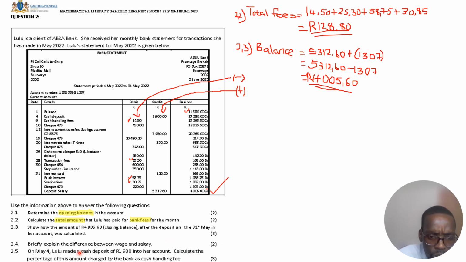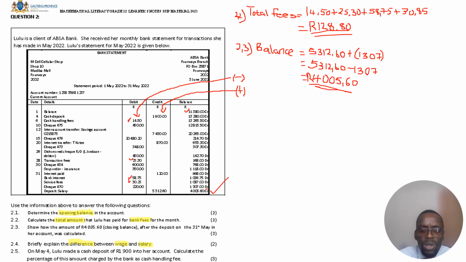And then the next one is: explain the difference between a wage and a salary. So in this case we need the difference between a wage and a salary.